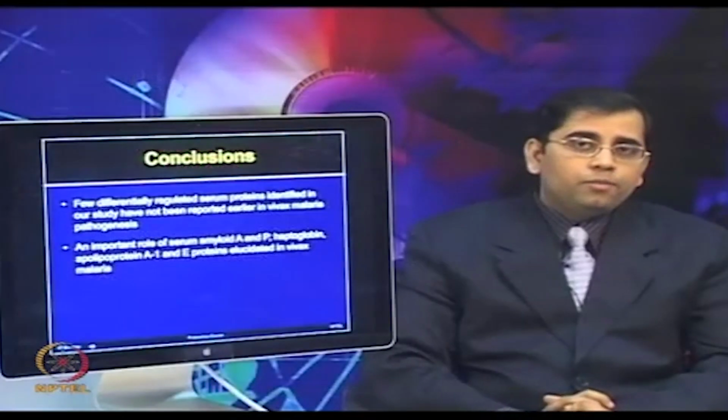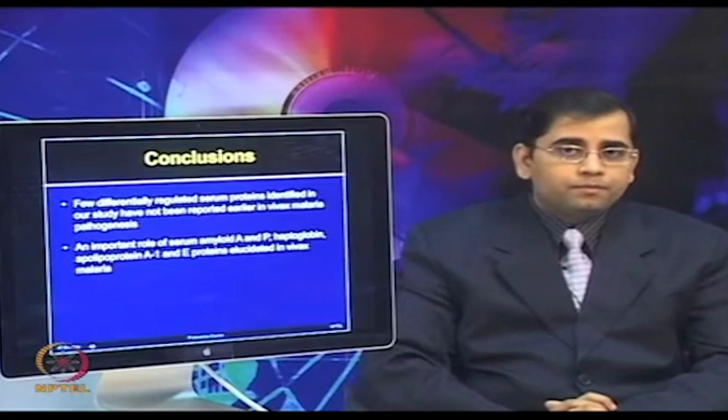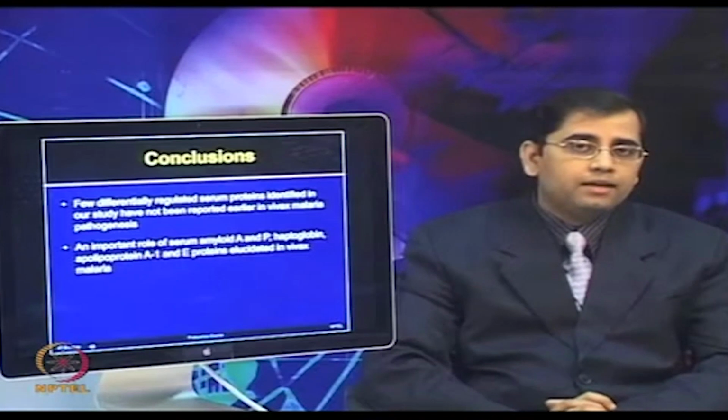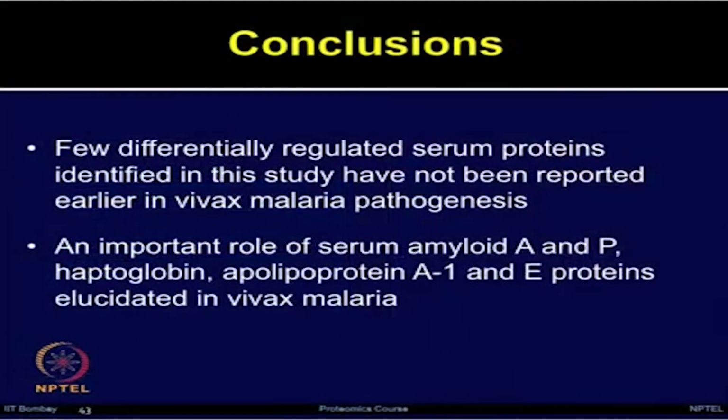So, conclusions from this case study, that few differentially regulated serum proteins were identified in this study, including ceruloplasmin, hemopexin, alpha 1 antichymotrypsin, alpha 1 antitrypsin, which have not been previously reported in the vivax malaria pathogenesis.